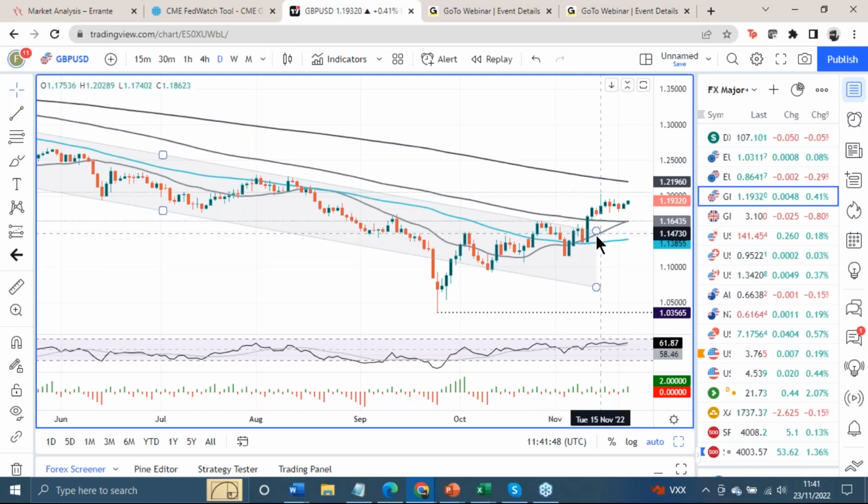But if we move lower, probably initial support is around 1.1762 or so, then support looks to be at 1.1643, 1.1639. If we do move lower, global risk sentiment is a key driver, of course, and then the Bank of England meeting mid-December as well.